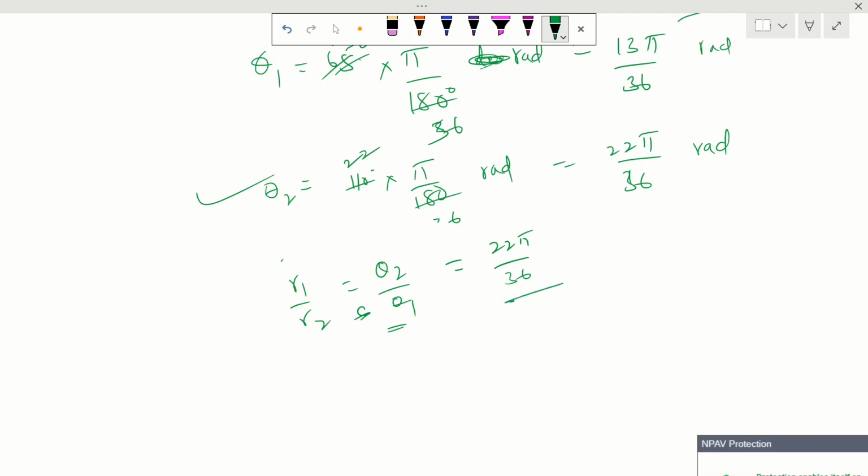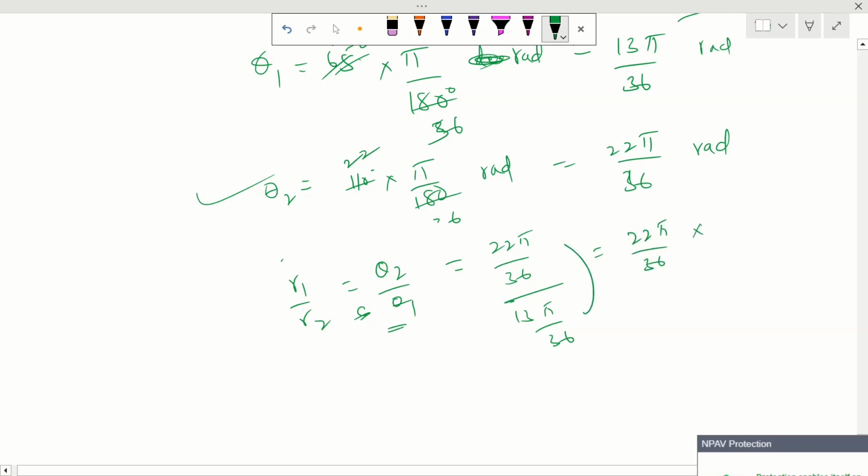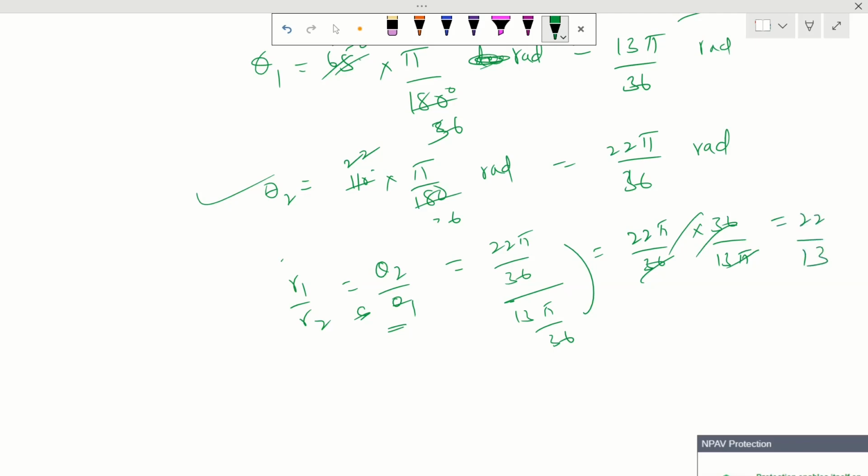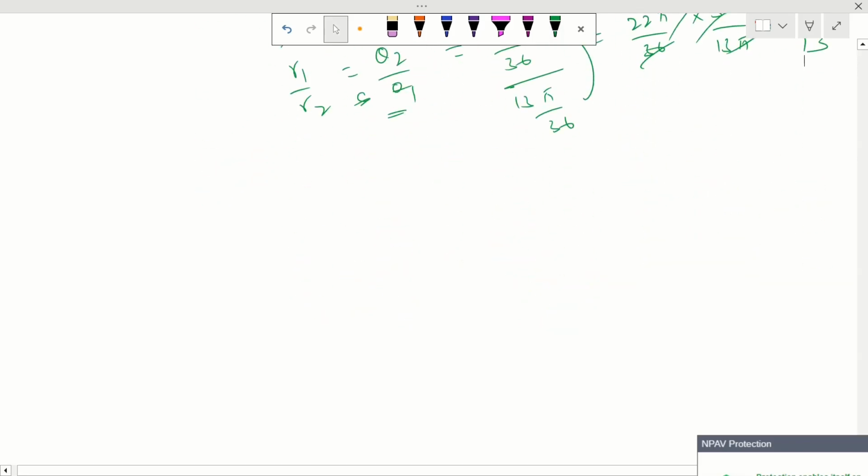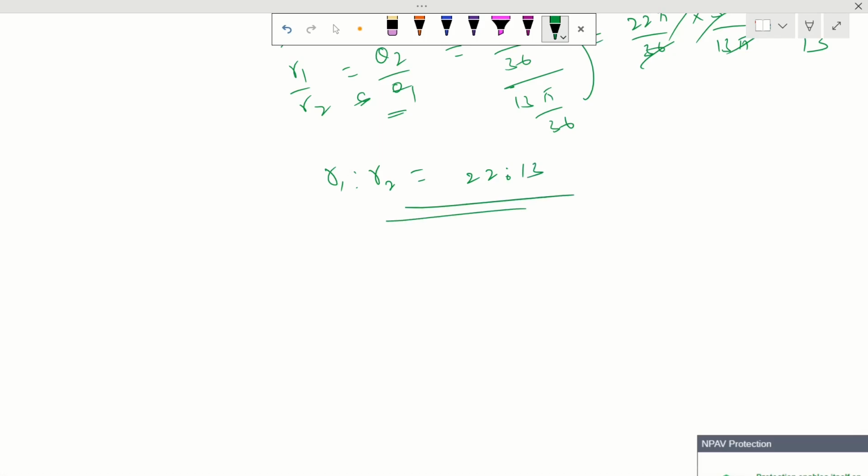Here pi will get cancelled, 36 gets cancelled, and 22 divided by 13 will remain. So the ratio r1 to r2 is 22 to 13. Okay, now it's complete.